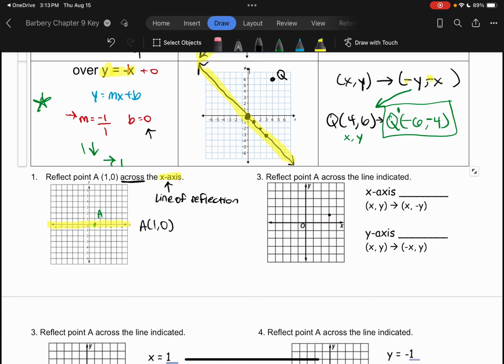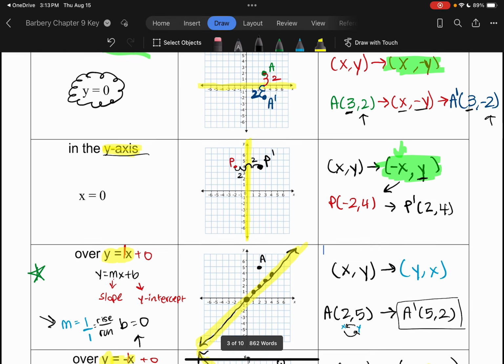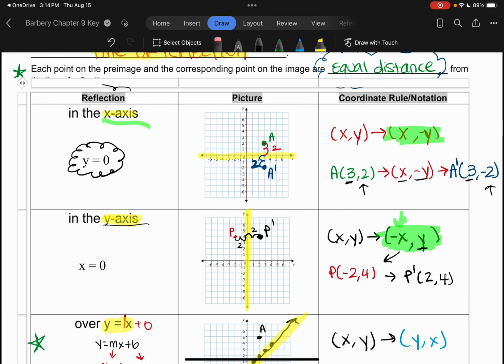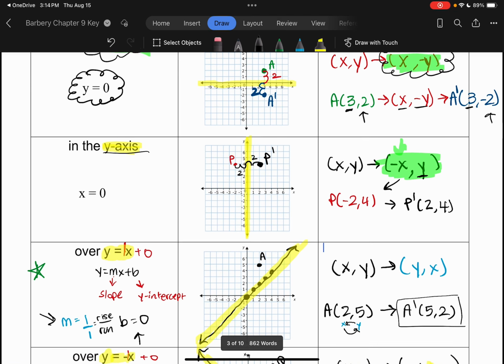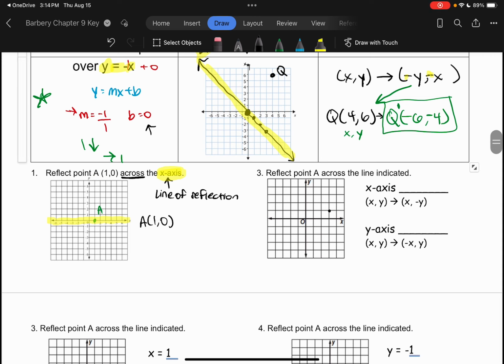1, 0. When we're reflecting over the x-axis here, look at the rule that we had earlier. Reflection in the x-axis used this rule. We're going to take the x, keep it the same, and then flip the sign of the y value.